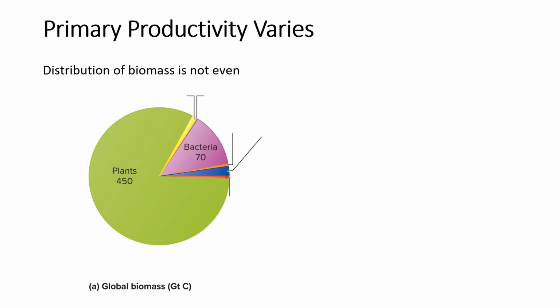Following them are bacteria, the decomposers, very prevalent in ecosystems. Followed by that would be fungi or fungus. Those are also very important decomposers. So no surprise that decomposers, bacteria and fungi, play a very, very large role in the global biomass of our planet.